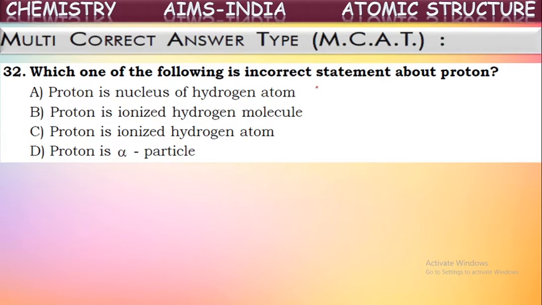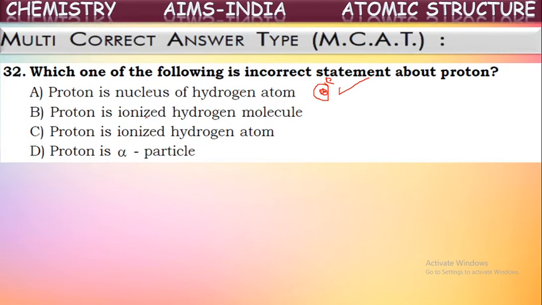We know hydrogen atom contain one proton in the nucleus. Around that, one electron is revolving. So, what is the nucleus of hydrogen now? One proton. So, we can say the nucleus of hydrogen atom is nothing but proton. So, I can say this statement is true, isn't it? Proton is a nucleus of hydrogen atom.